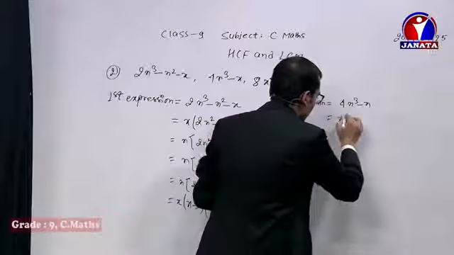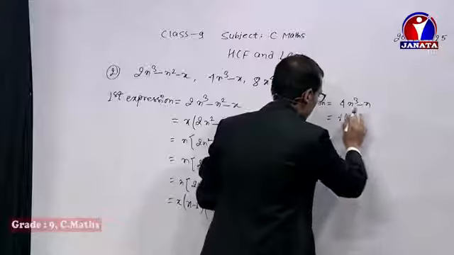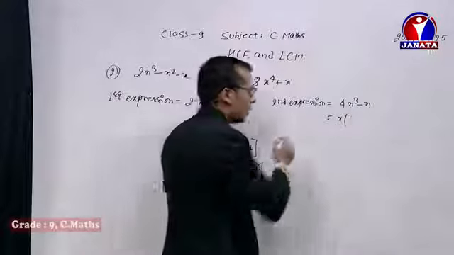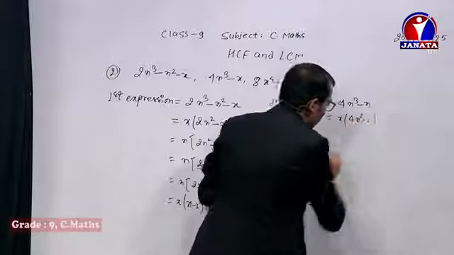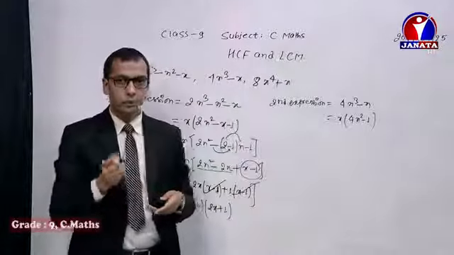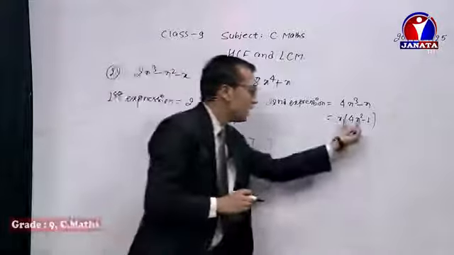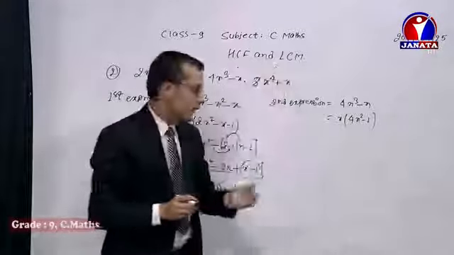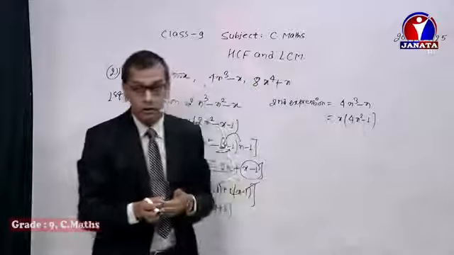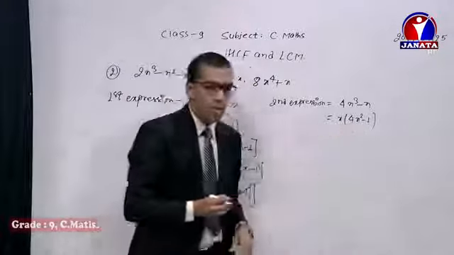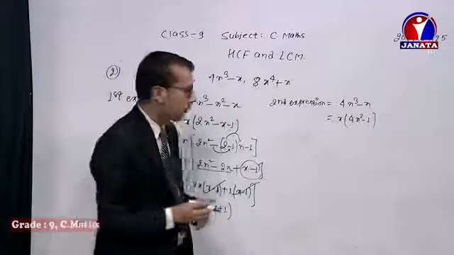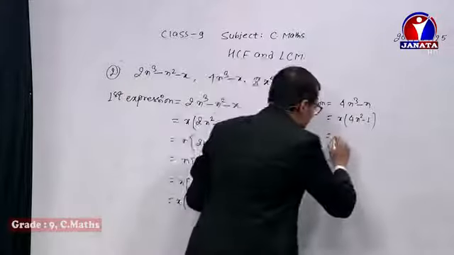We can take x common. After taking x common, what are the terms left? 4x square minus 1. Now let's think, can we factorize 4x square minus 1 or not? If we can factorize this, we need to try for its further factorization. We can factorize this.